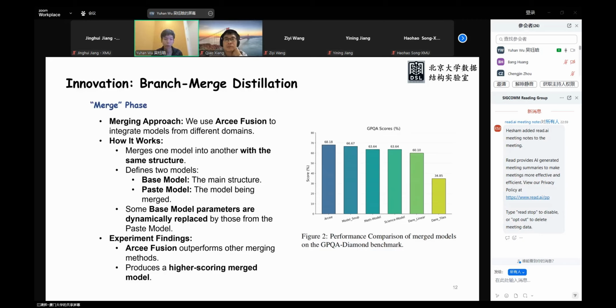Through our experiments, we found that array fusion outperforms other model merging techniques, resulting in a higher scoring merged model. This highlights the effectiveness of our approach in maintaining strong multi-domain performance.